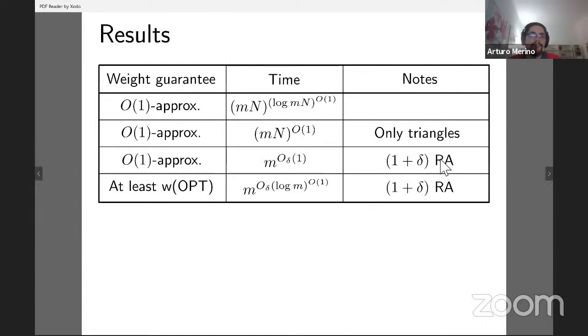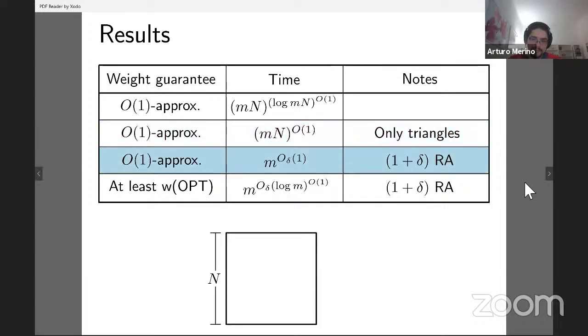And we have four results. Our first result is that we obtain a constant approximation for this problem in quasi-polynomial time. If we restrict ourselves to only having triangles as the input, we can improve the running time to polynomial time. Then we have two results in the setting of 1 plus delta resource augmentation.